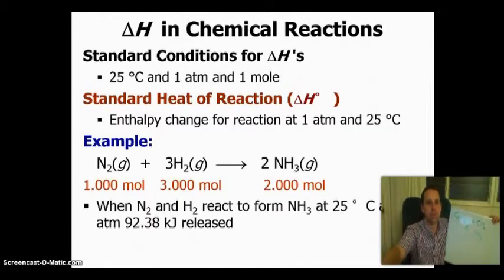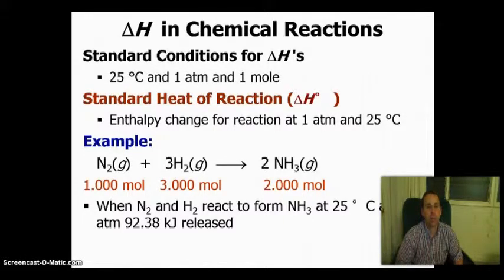So here is an example of a standard heat of reaction for a chemical reaction. Here we have nitrogen gas coming together with hydrogen gas to form ammonia. Now in the reaction, you see that N2 and 3H2 come together, and the product is 2 molecules of ammonia.